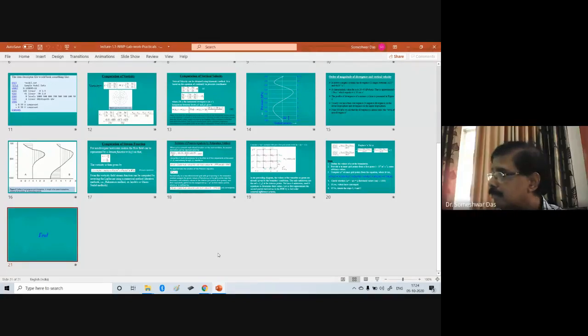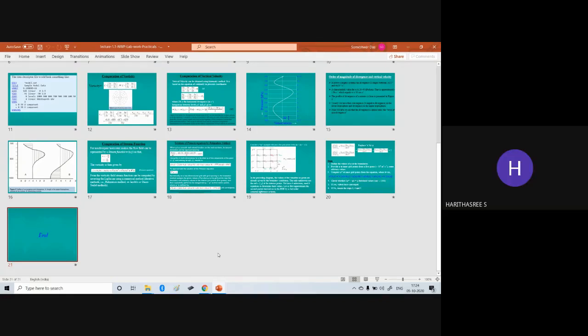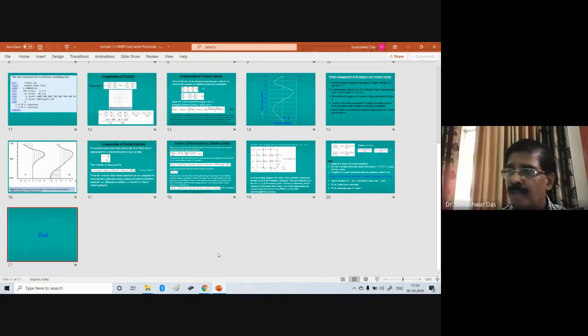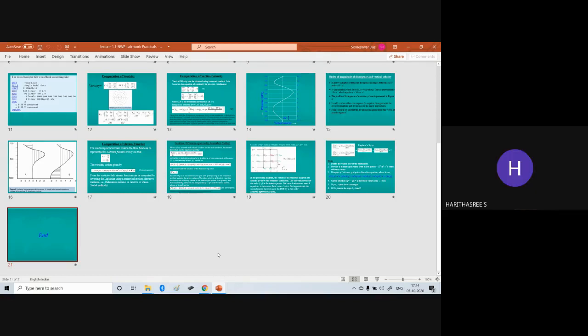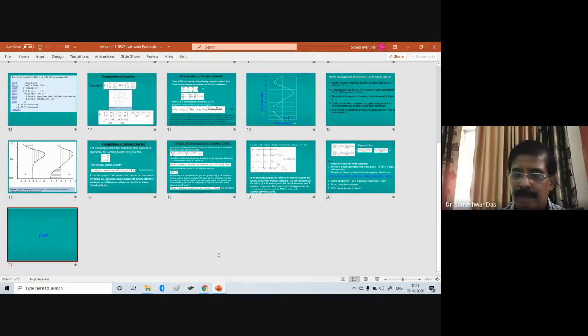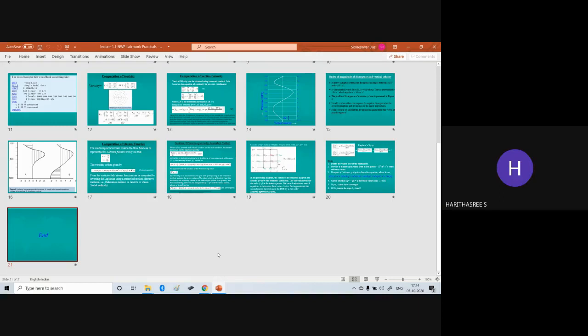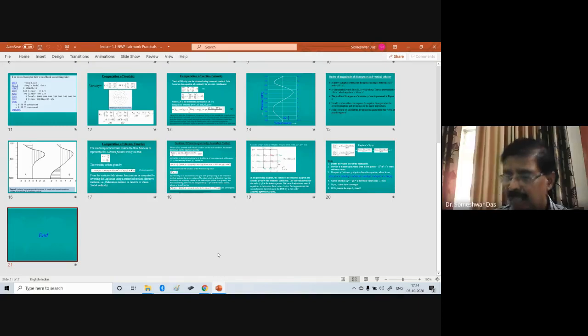Maybe more points, more doubts will come when you start really coding, writing the program, and calculating. So, what is the difference between psi and psi star? Psi star is your new value after the iteration. Suppose in your first iteration, you have a first guess, and the first guess has to be corrected based upon the observation. In your case, observation is the relative vorticity, zeta.